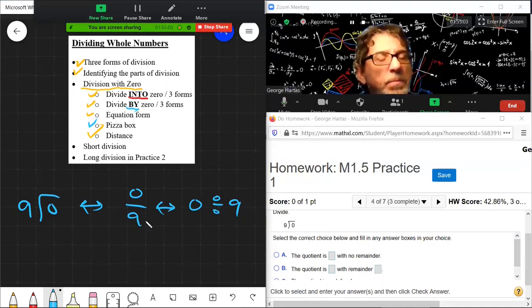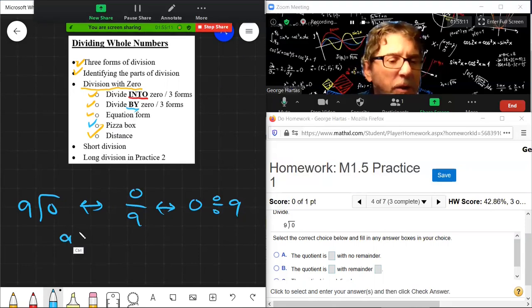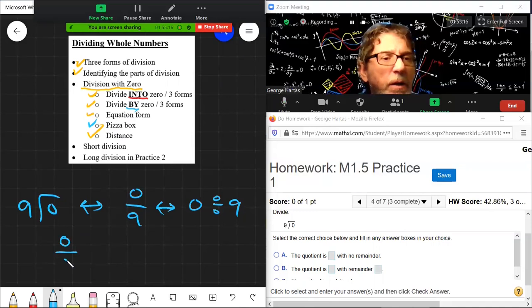If not, you can do the equation form. Let's do the equation form. So I forgot what it is. I can't remember. So let me do the equation form so I can figure it out. I'm going to guess the answer is 0 because I can't remember. Well, let me see. 9 times 0 is 0. Oh, yeah. Good. Yep. So our answer is 0. And there's no remainder.